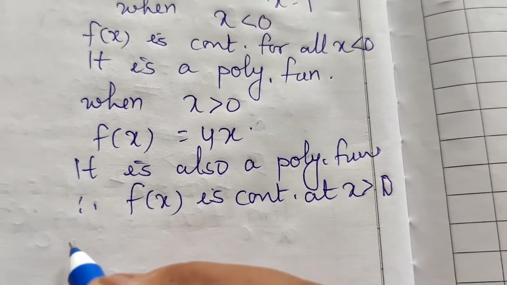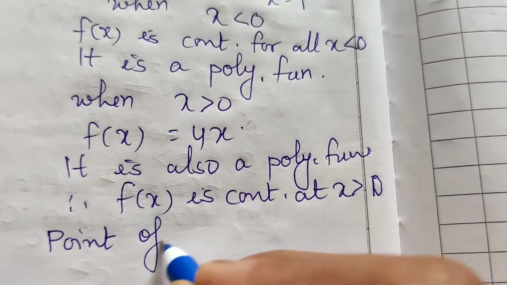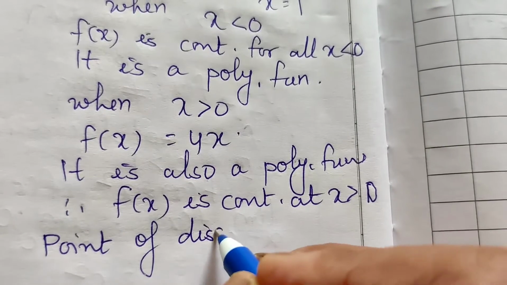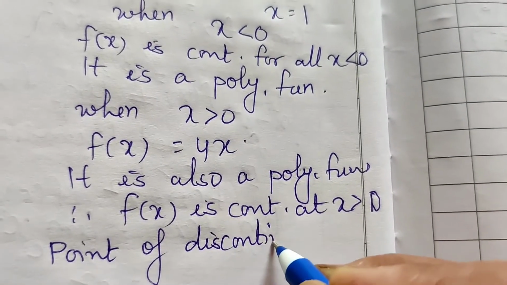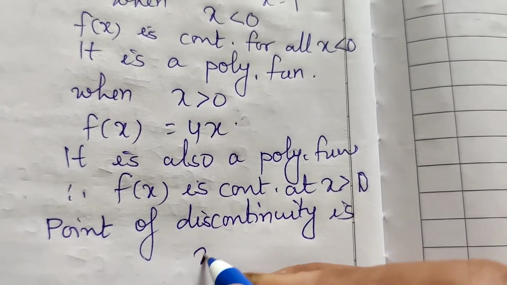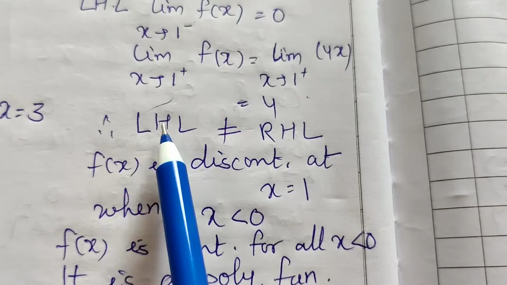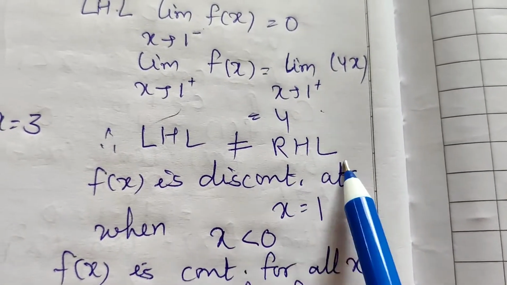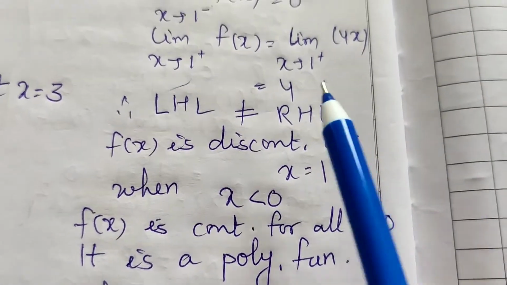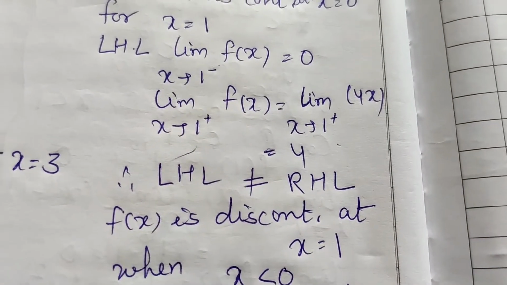The point of discontinuity is x equal to 1. When x equal to 1, the left hand limit is not equal to the right hand limit. Therefore, discontinuous at x equal to 1. Okay, next question.